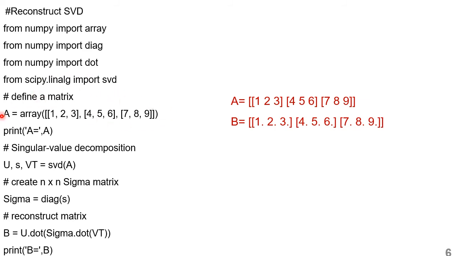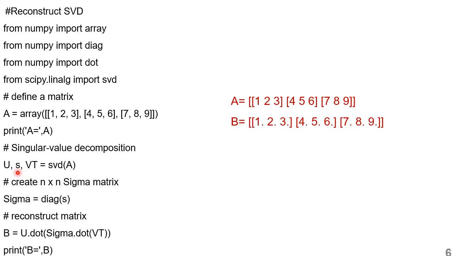First, let us define the matrix. A is the matrix 1, 2, 3, 4, 5, 6, 7, 8, 9. So since I have given a print statement, when I execute this program, output I will be getting a display of A matrix. Later on, we need to decompose this matrix into U, sigma, and V transpose.